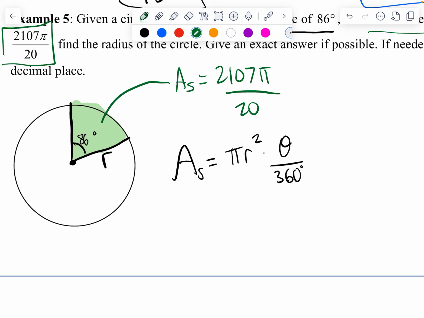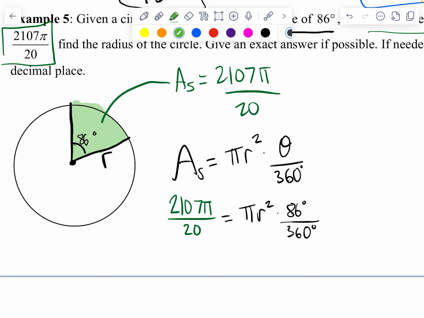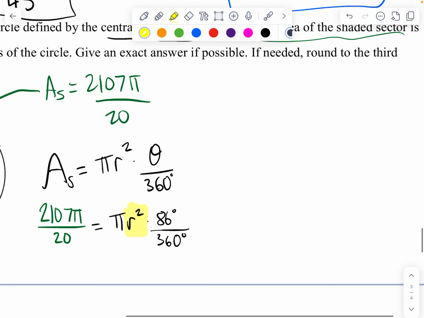The area of the sector is 2,107 pi over 20. And the area of the sector comes from having 86 degrees of the entire 360. And hopefully you notice that the only variable in this is the thing you're looking for, the radius. So just plug in the information and then we can solve.